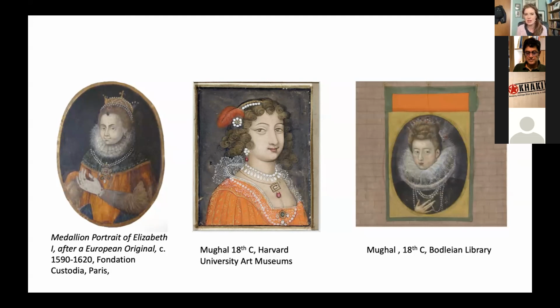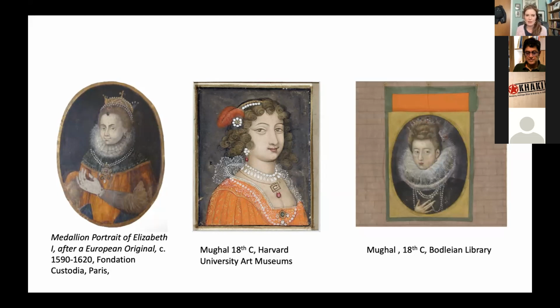And so we can imagine that as this kind of portraiture of women is received within the harem, it actually begins to impact how women think of themselves and are portrayed within Mughal painting. So I'm just showing you here some examples of medallion portraits that are clearly directly copied or inspired by European artwork.